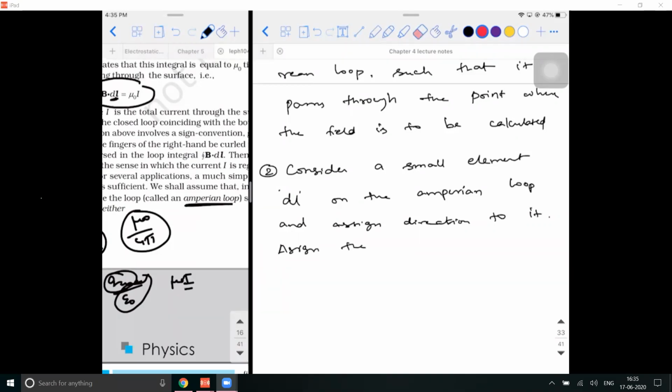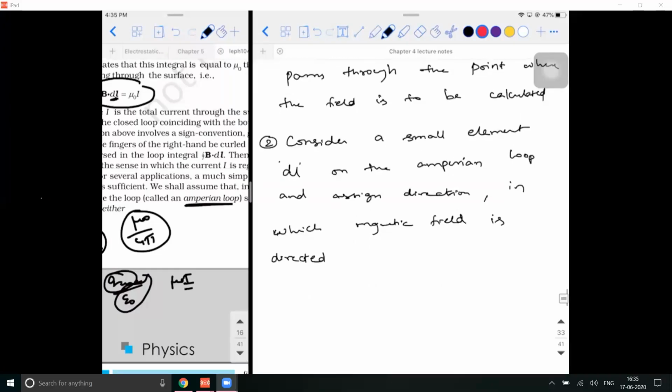Assign the direction in which the magnetic field is directed. This is the second step.